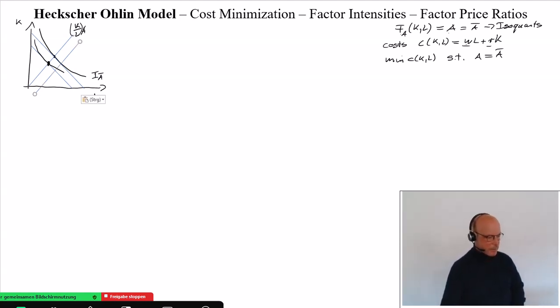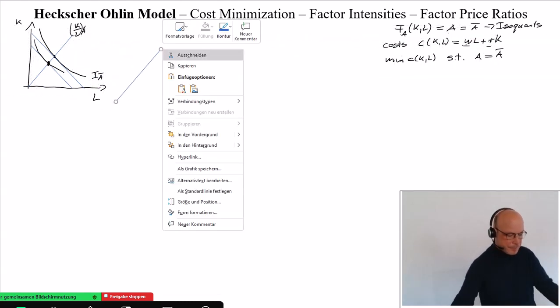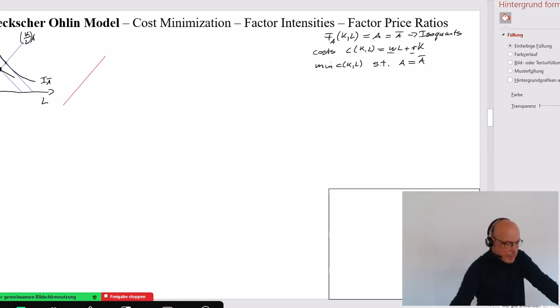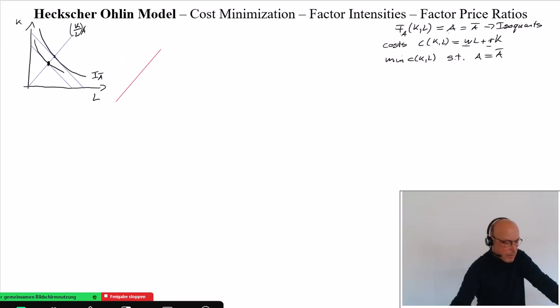So if I now want to draw the factor input ratio for good B, how do I have to draw this line? This should be now a red line for our good B. Where do I find it in this diagram? How can I draw it?